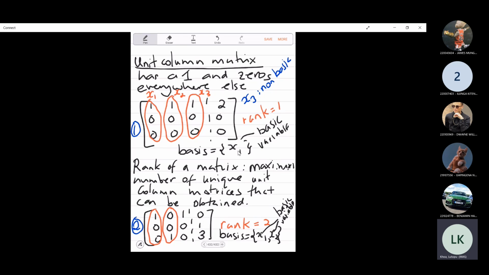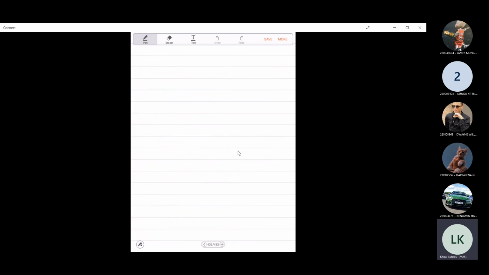So what we do is the non-basic variables. For number 1, our non-basic variables, we say x2 and x3. We equate them to some real numbers, any real numbers.